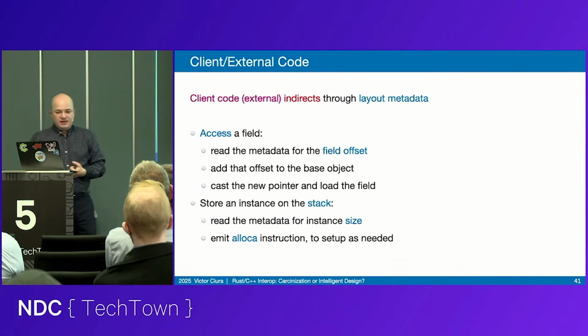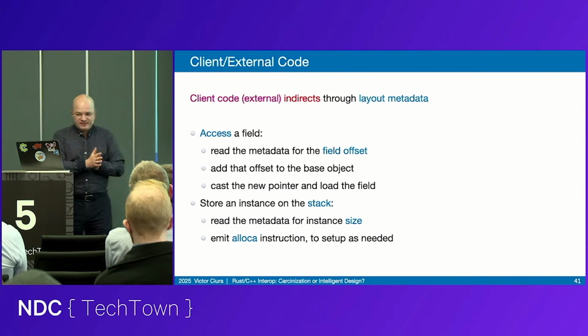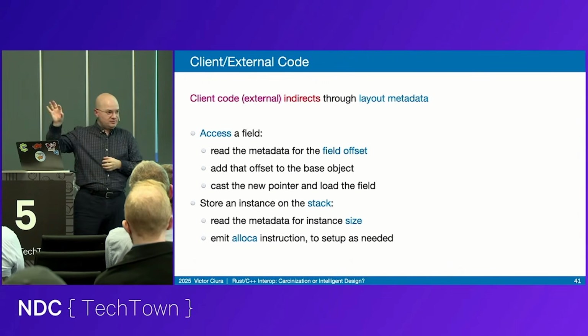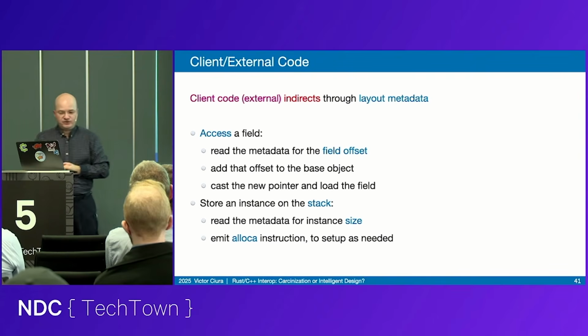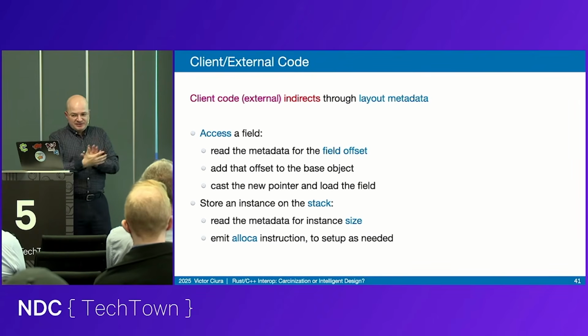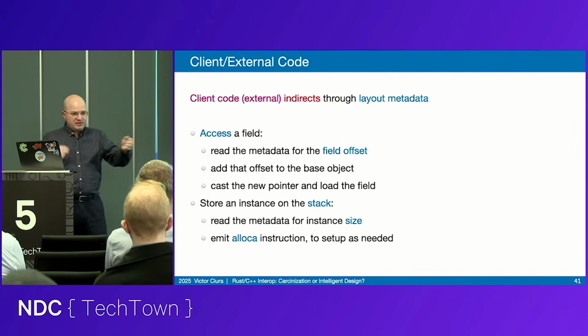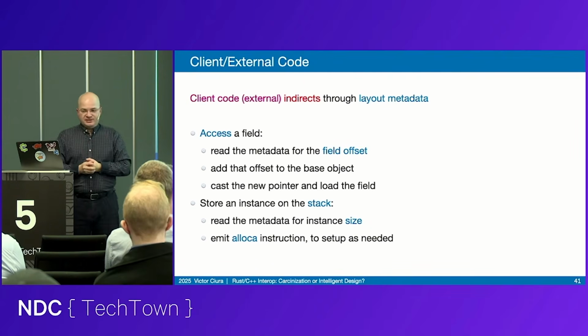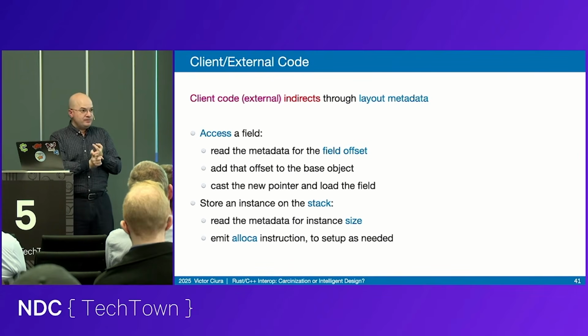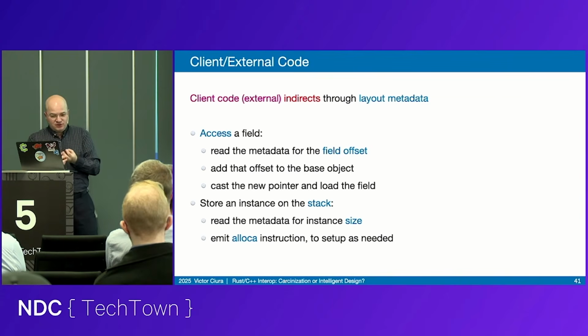So when a client tries to access a field from a structure from a library that I provide, it needs to read this metadata and find field offsets and do some arithmetic computations to figure out where this place is in memory and how far apart, all this business. So it needs the metadata payload, and it needs to do some arithmetic indirection to get to it, right? That's the costly part.